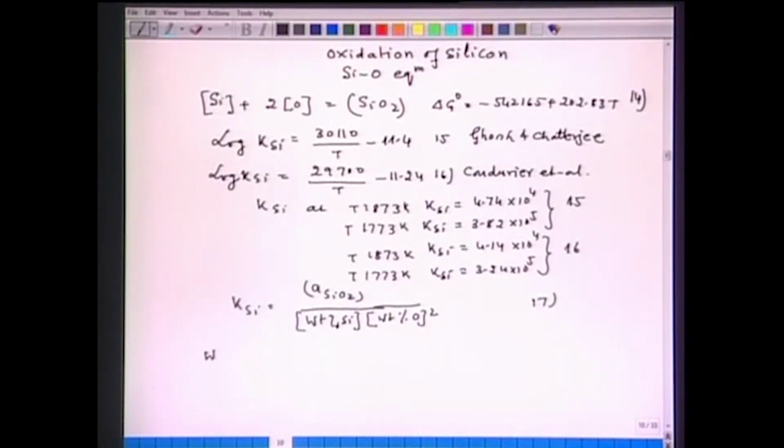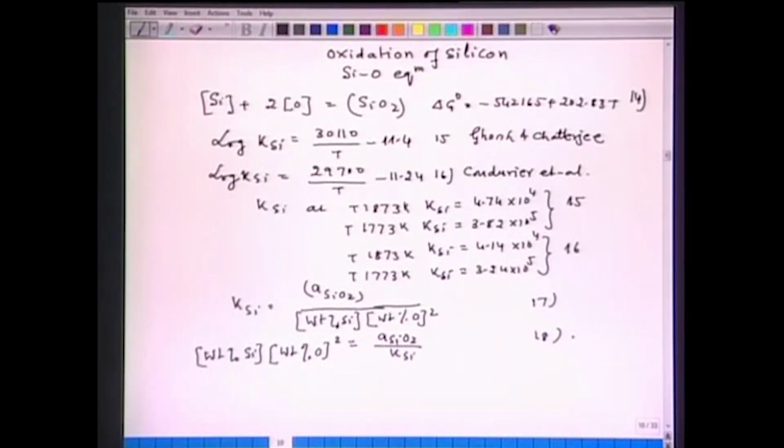Now, if I write, weight percent silicon into weight percent oxygen square, that is equal to activity of SiO2 upon K silicon. Let us put this as equation 18. So, we can see that oxidation of silicon is favored at low temperature.